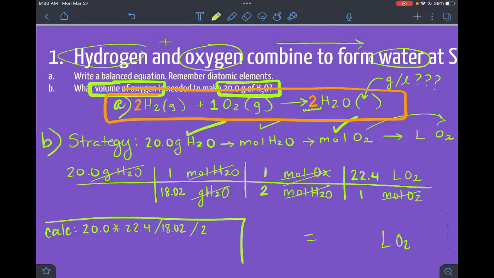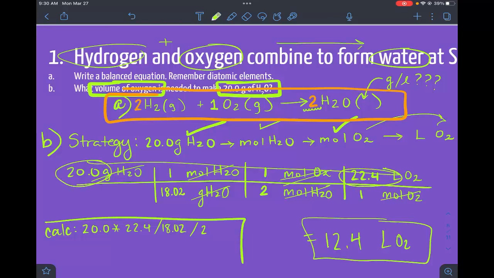So type that in your calculator, pause if you need to. You need to practice. All right, we get 12.4. So 12.4 liters of oxygen gas is my answer. It's 20 times 22.4 divided by 18.02 and divided by 2.